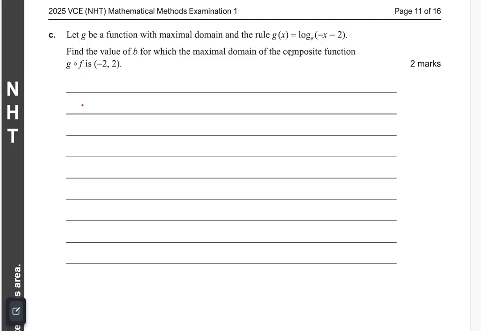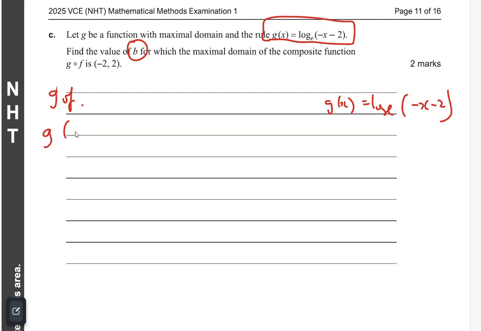Let G be the function with the rule G of x equals log base e of minus x minus 2. Find the value for b which gives the maximum domain of the composite G of f. So therefore G of f of x. So I'm putting f of x inside G of x.